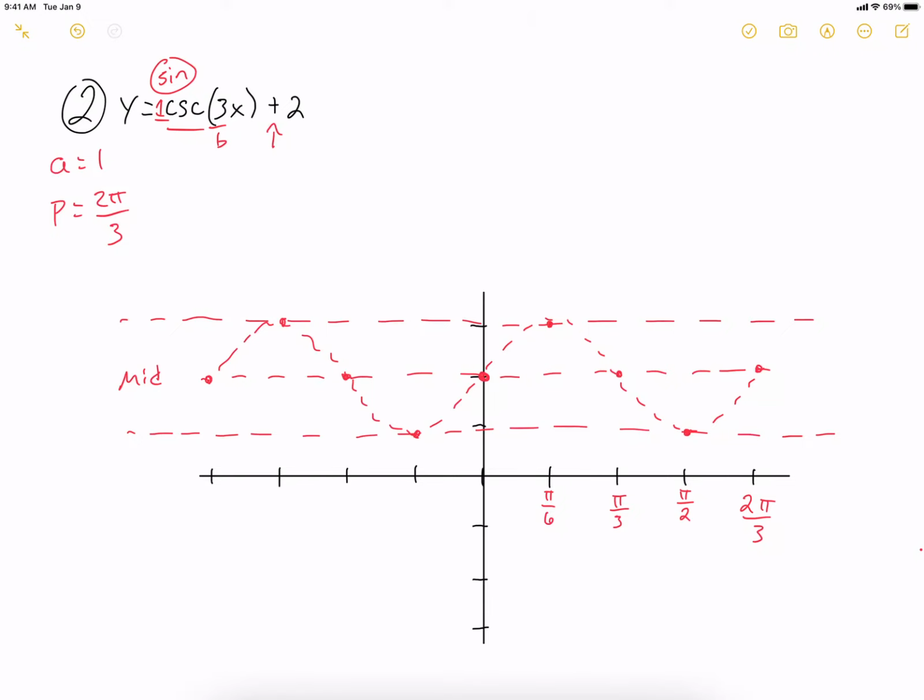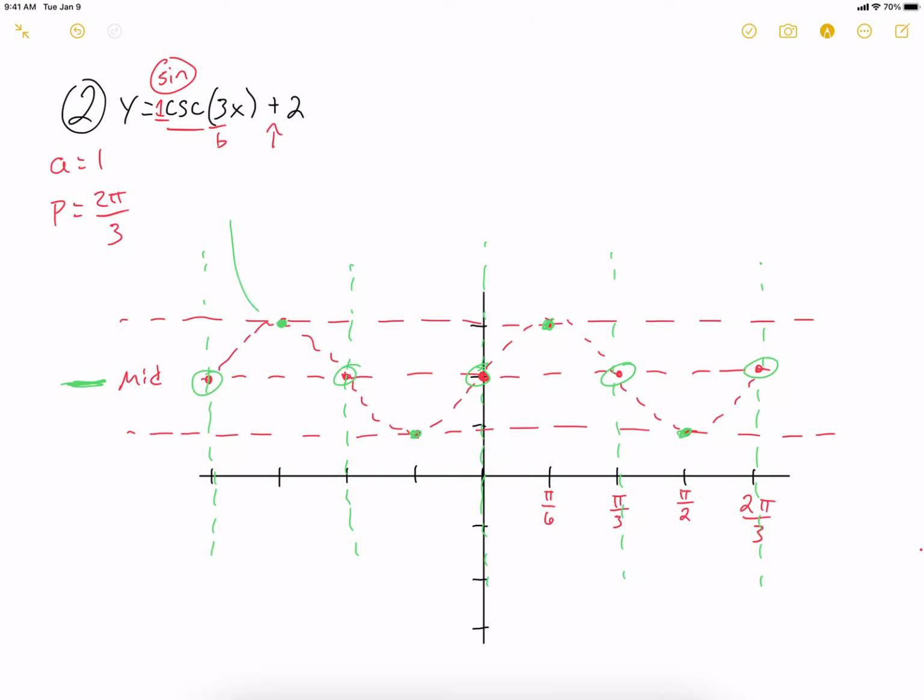What I want to do is find my midline and find every point that crosses at that midline. And what that's going to do is it's going to show me, hey, this is where you need to draw a vertical asymptote. In this case, it's the y-axis. And then from here, I now need to find every place that I have a maximum or a minimum.